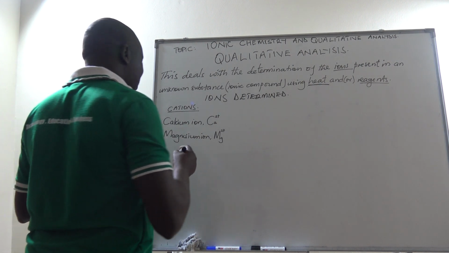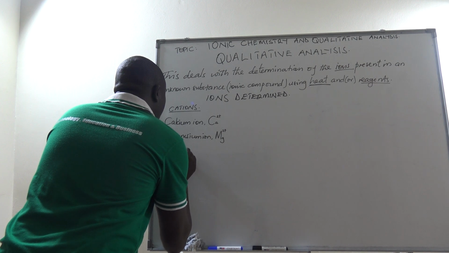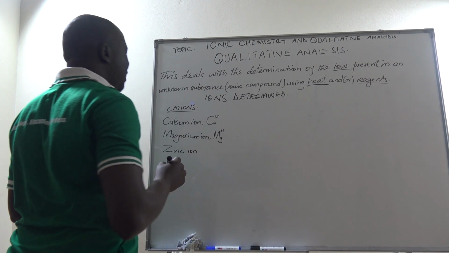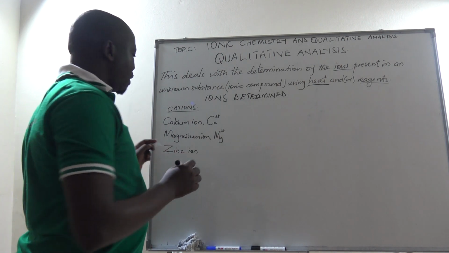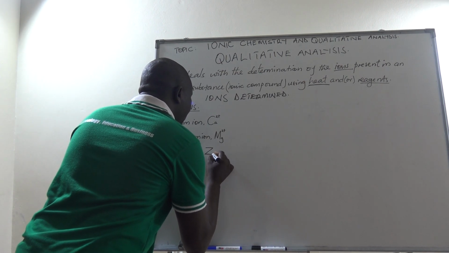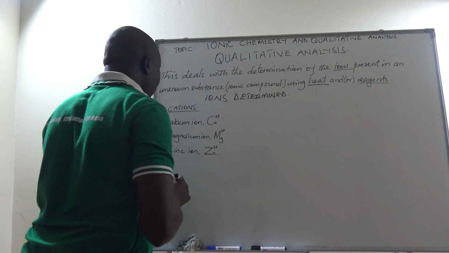We have the magnesium ion. We have the zinc ion. And this is not zinc 2 ion, please. It is zinc ion. Don't say zinc 2 ion. So we have zinc ion, capital Z, small n, with 2 positive charges here.